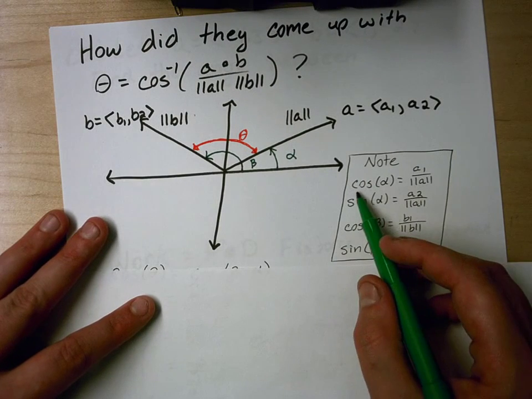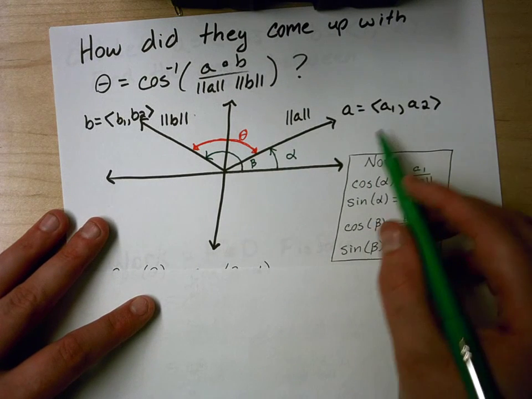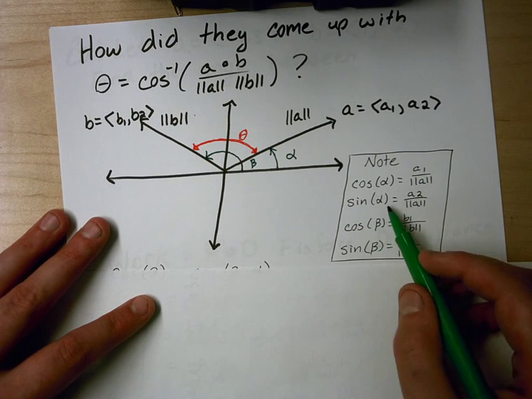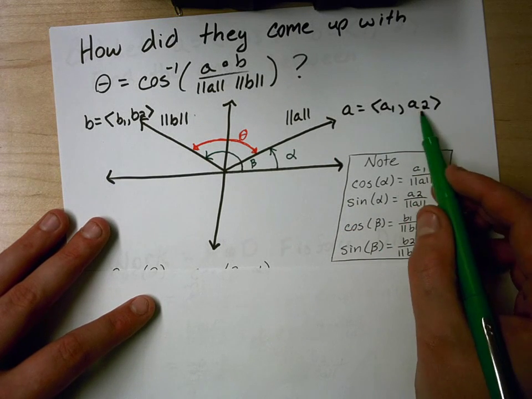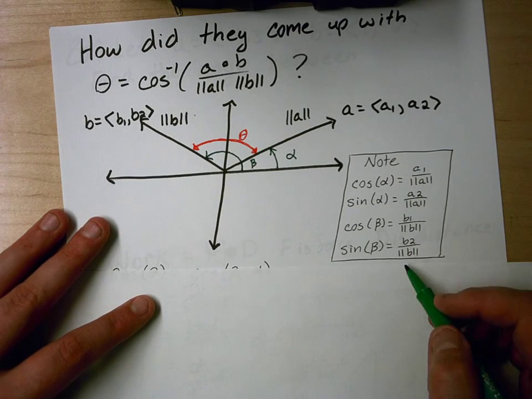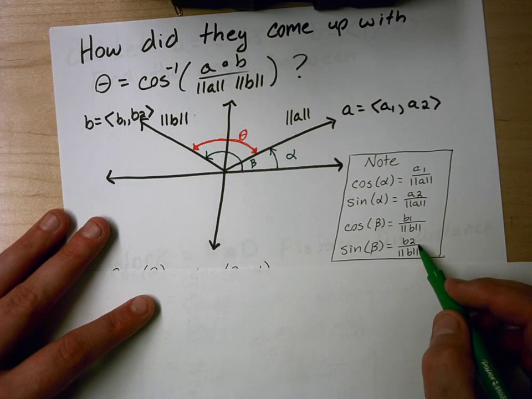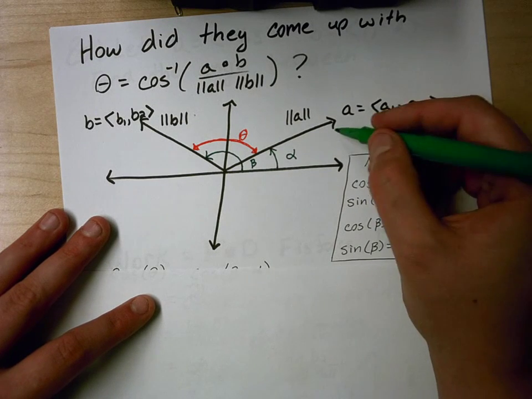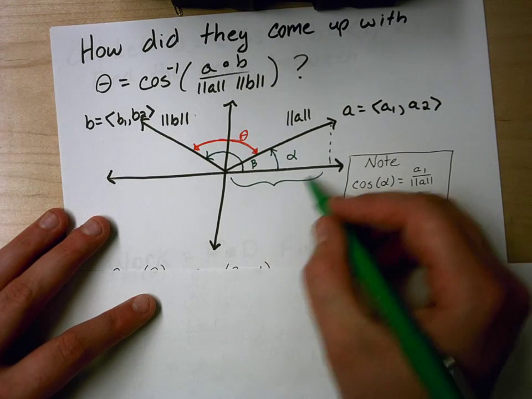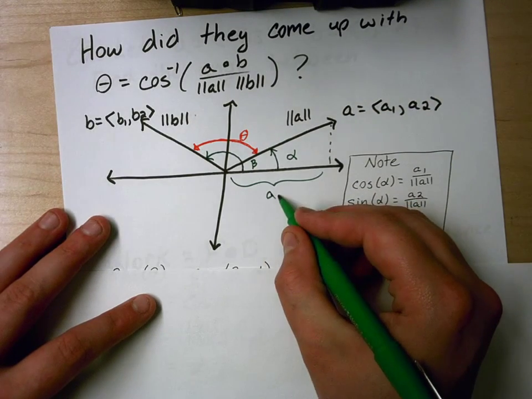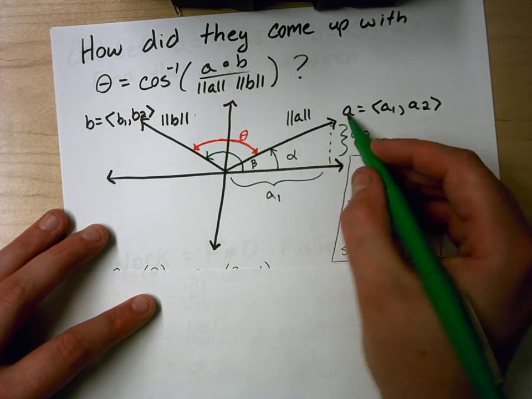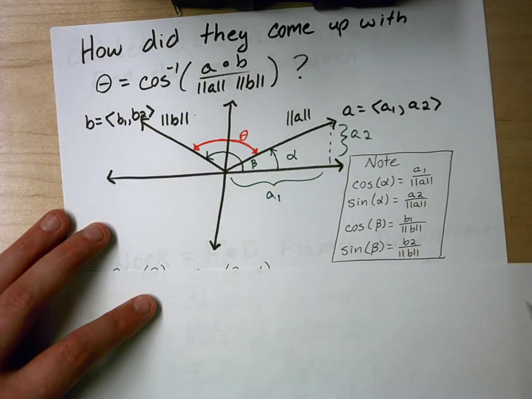Now, if we were to take cosine of alpha, we know that that would be A1, our horizontal component, over magnitude of A, that sine of alpha would be A2 over magnitude of A, cosine of beta would be B1 over magnitude of B, and sine of beta would be B2 over magnitude of B. Right? That's not too hard to imagine, since this distance here is A1, this distance here is A2, and the length of this vector is magnitude A. So this falls out pretty easily.